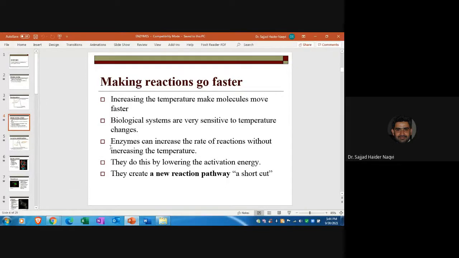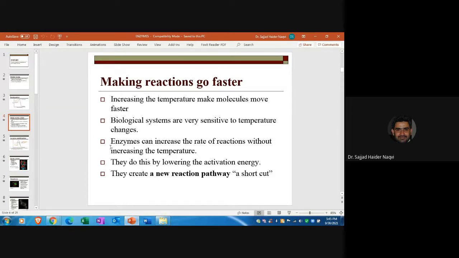So biological systems are very sensitive to temperature changes. Like in general chemistry, you can increase the reaction speed by increasing the temperature in a controlled way. But that's not going to be a choice for us when it comes to the biological system, because we all know that within the cell, the temperature is pretty much constant, what we call the normal body temperature.